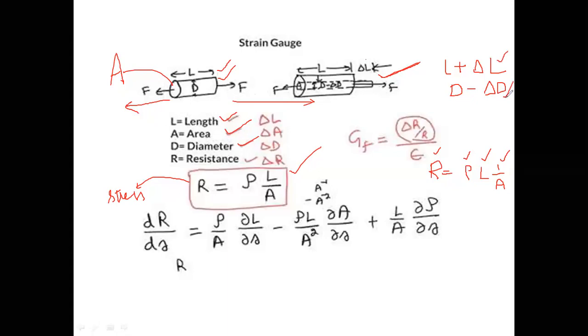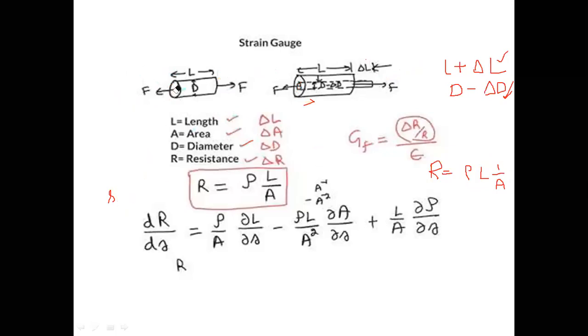Since diameter is decreasing, cross-section area is also decreasing. So resistance is varying due to the combined effect of length, area and resistivity rho.